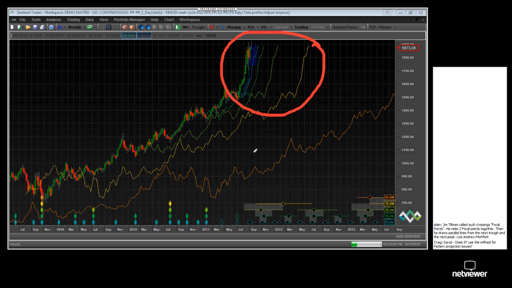But they get lined up and close together and all parallel to one another. So this area here is a perfect demonstration of what's called a cascade pattern. A cascade like a waterfall. This is a waterfall going upwards, but you get the same thing when the price is moving down.